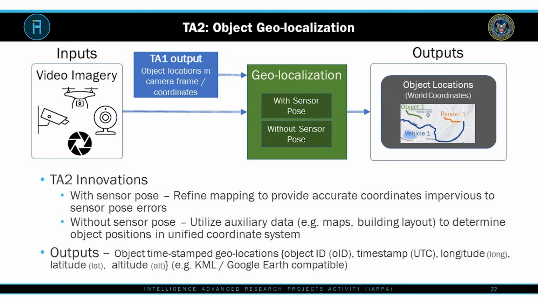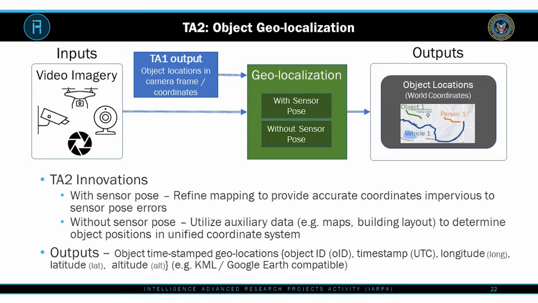A number of innovations are required for TA2, with sensor pose being able to refine that mapping to provide accurate coordinates that are impervious to sensor pose errors. Without sensor pose, we need to utilize auxiliary data such as maps and building layout to determine object positions in a unified coordinate system.